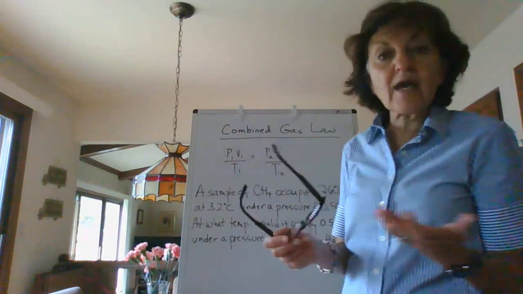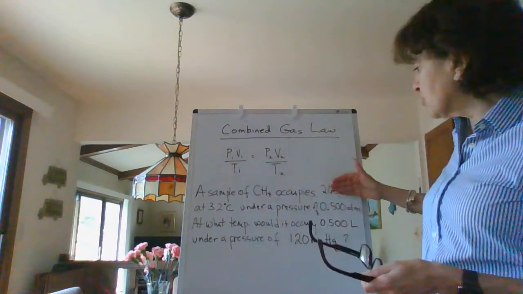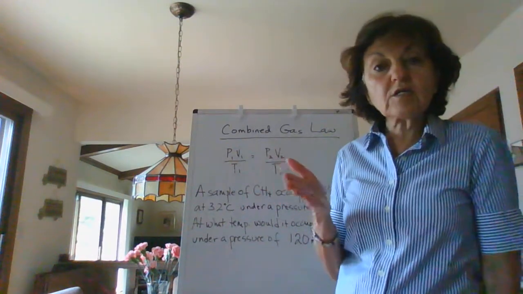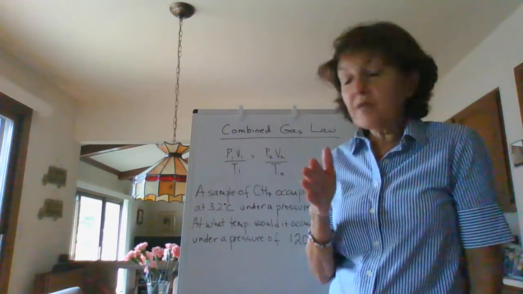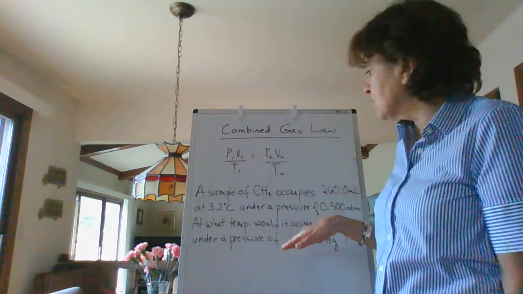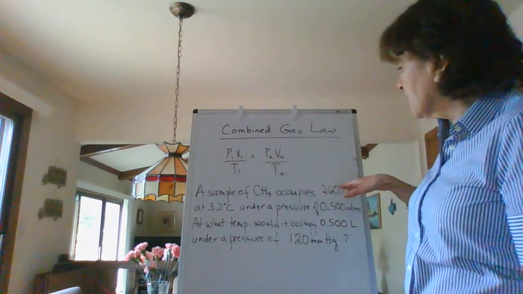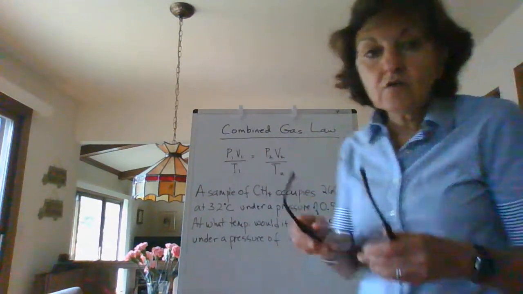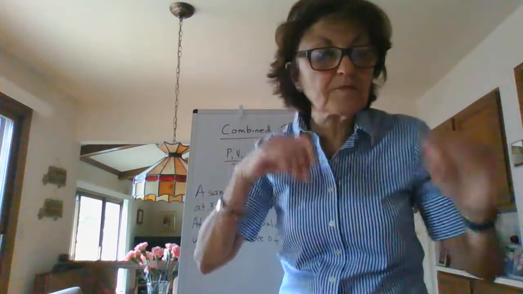Notice what we have here. We have pressure in atmospheres and pressure in millimeters of mercury, so we need to convert one to the other. You decide. You could have both of them in atmospheres or both in millimeters of mercury. And with the volume, here it's in milliliters and here it's in liters, so you've got to convert one to the other.